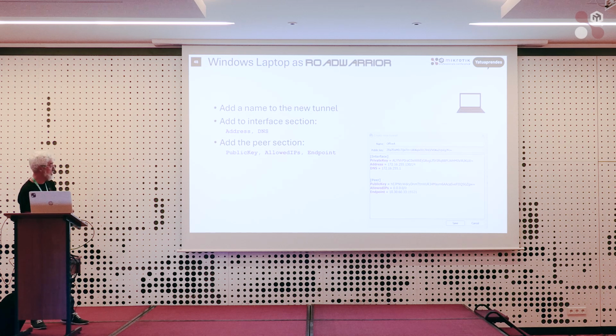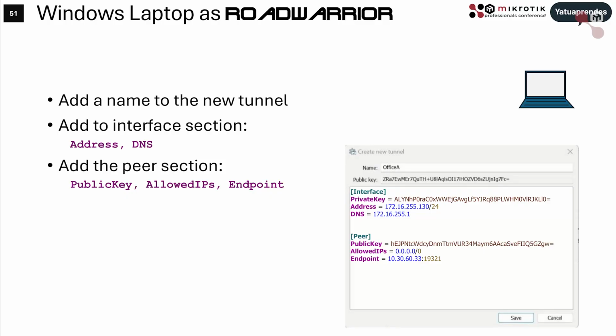We have to add the address of the WireGuard interface, and the DNS server if we are using the one from Office A. And in the peer section we have to add the public key, allowed IPs, and endpoint to complete the setup.